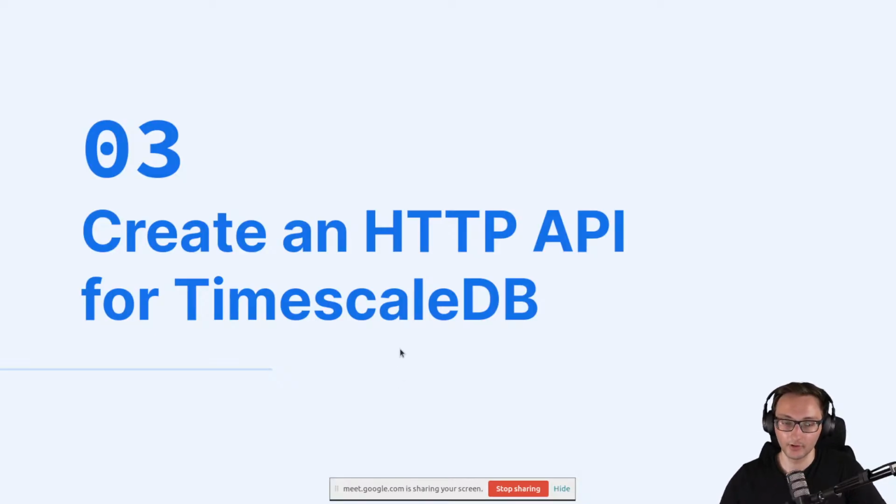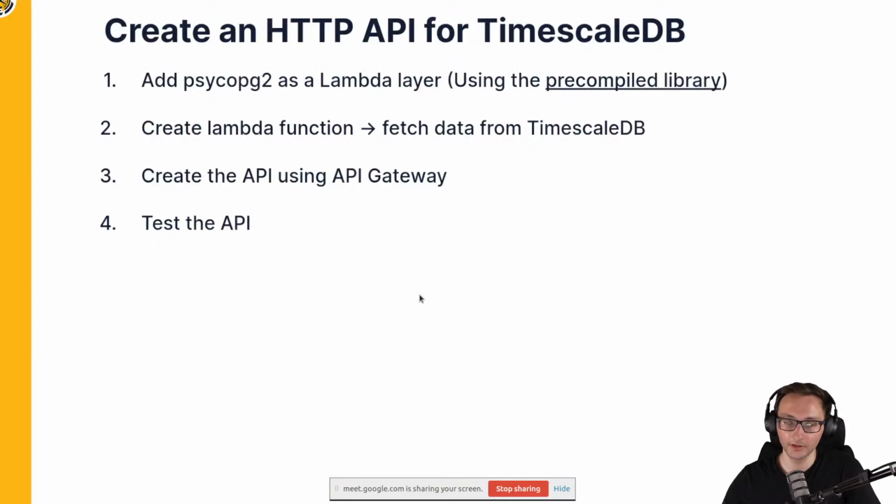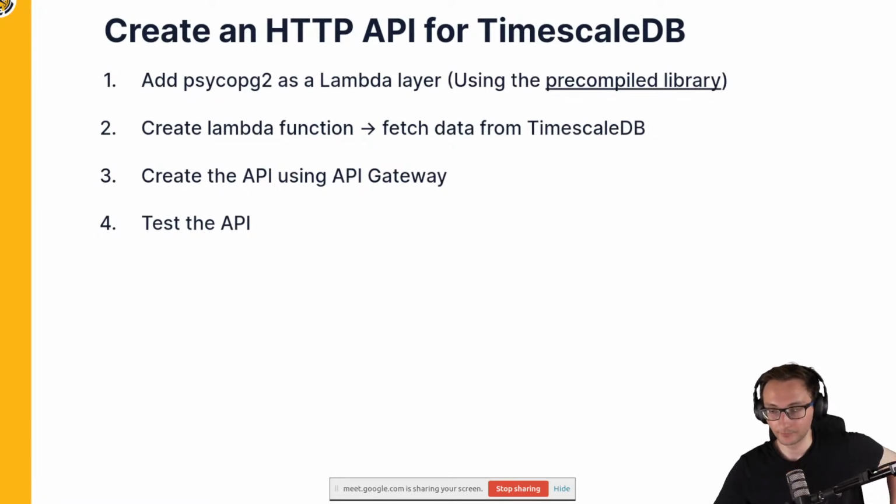All right, so first we're going to create an HTTP API, and we're gonna quickly jump to the AWS console to do this. But just on a high level, what we're going to do is first add psycopg2 as a Lambda layer.